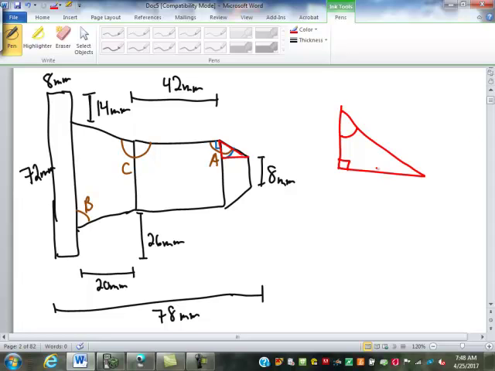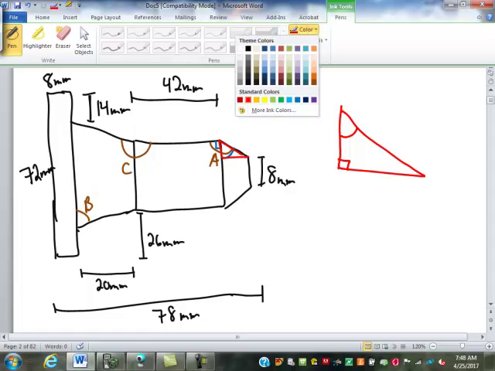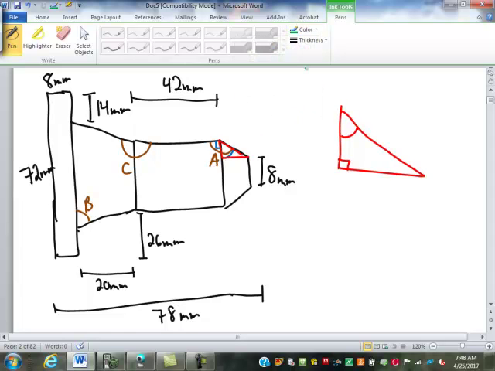What do I know about that triangle? Perfect. 78 is the whole length. So we subtract 8, that's at 70. Subtract 20, that's at 50. Subtract 42, we're at 8 here, right? So this is 8 millimeters.